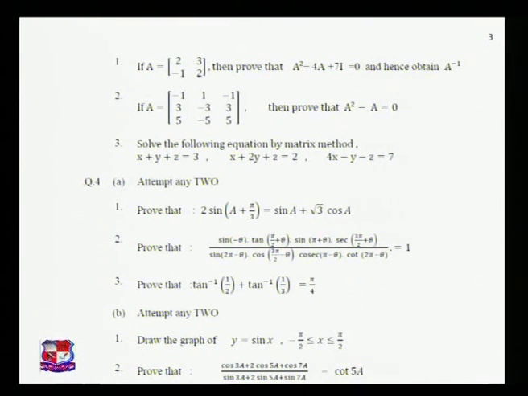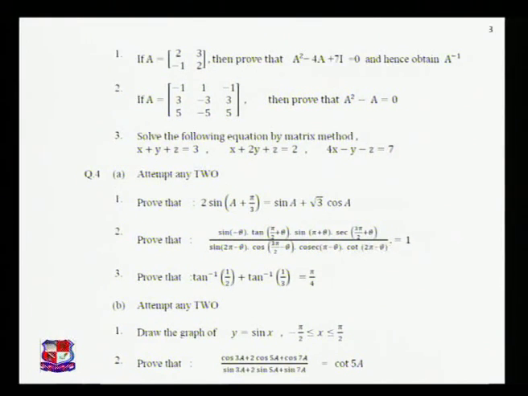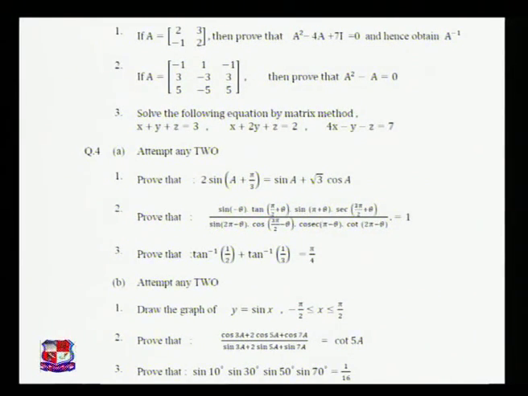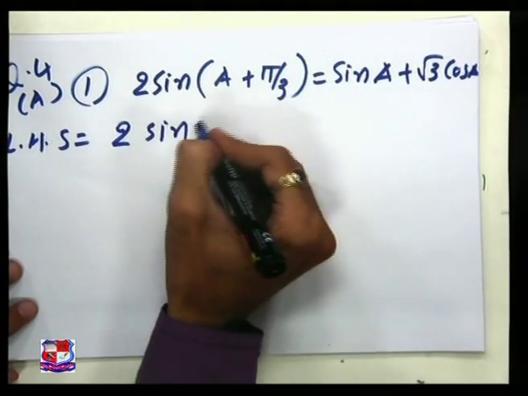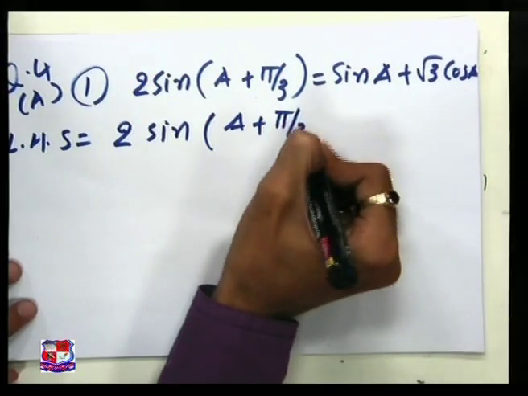So first, question number 4a, that is prove that 2 sine a plus pi by 3 is equal to sine a plus root 3 cos a. Right, we need to prove that. So let us start with the left hand side, that is 2 sine a plus pi by 3.